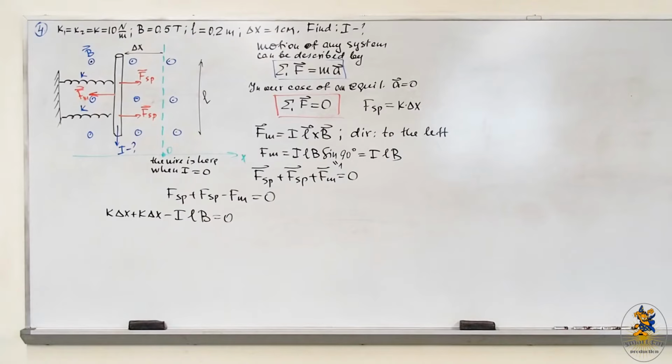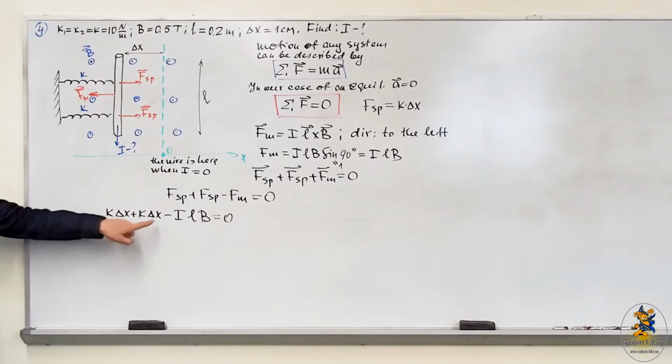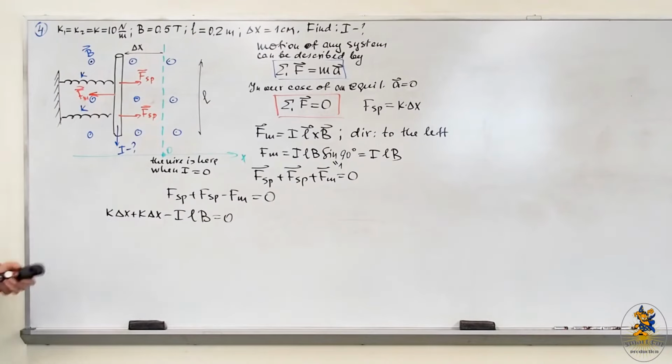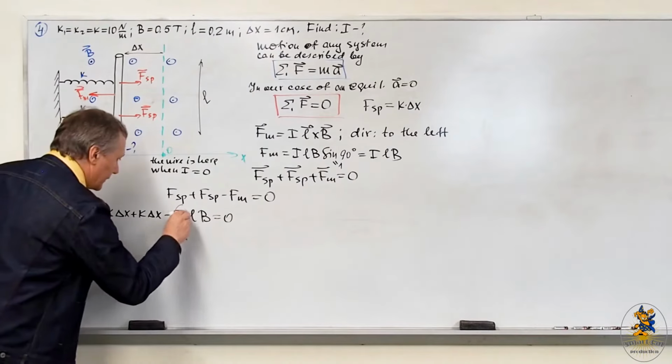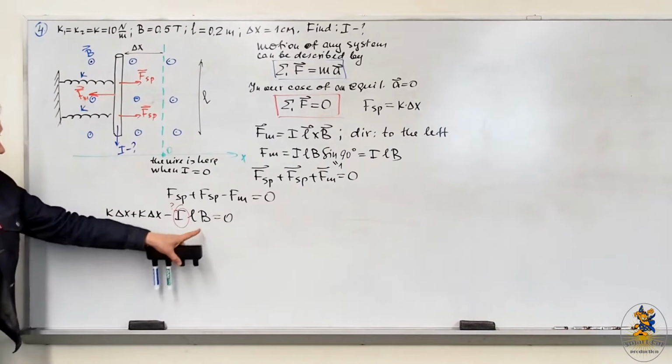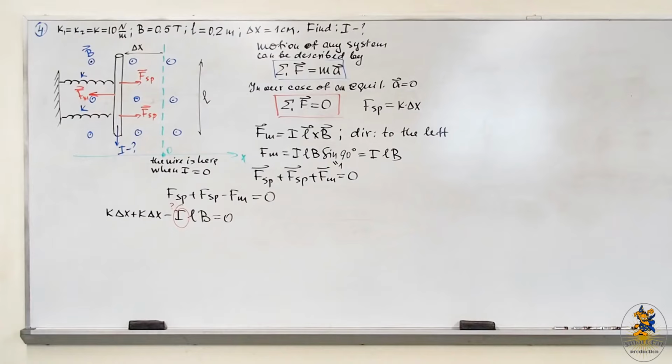So now everything is in front of us. So let's analyze how many unknowns. K given, delta x given, current is our unknown. L is given, B is given, one equation, one unknown. So now we just need to solve it for current and the problem is solved.